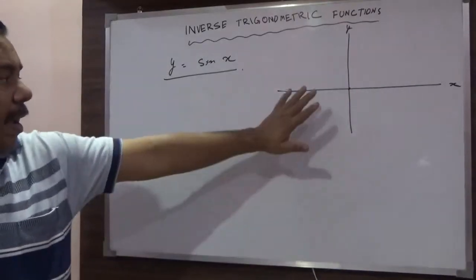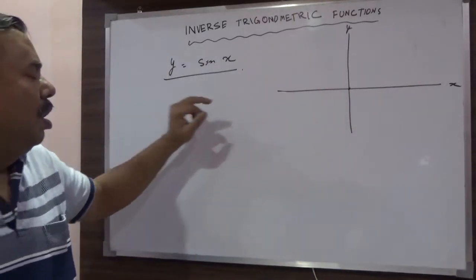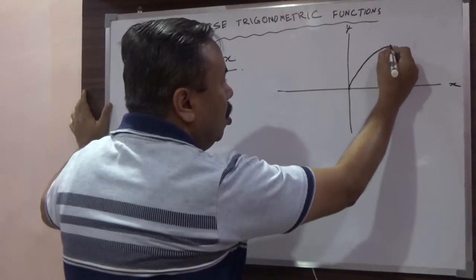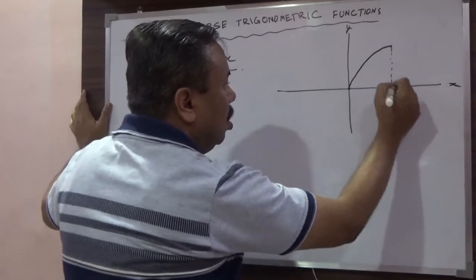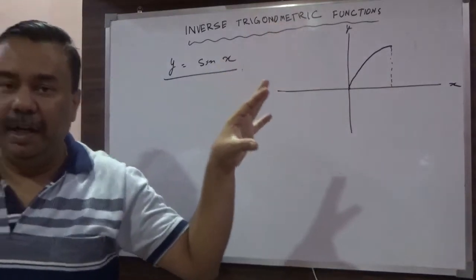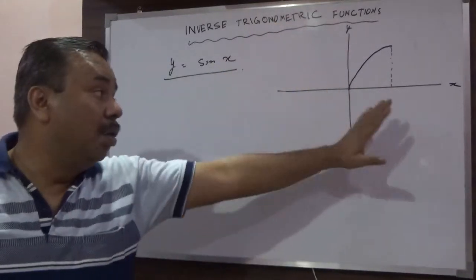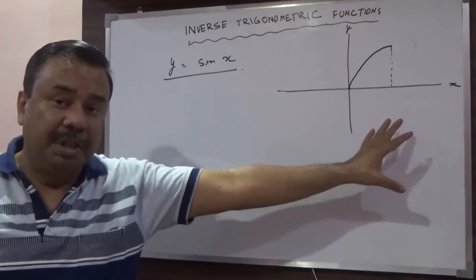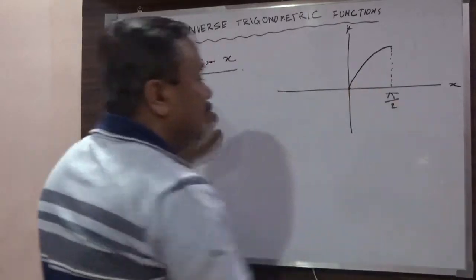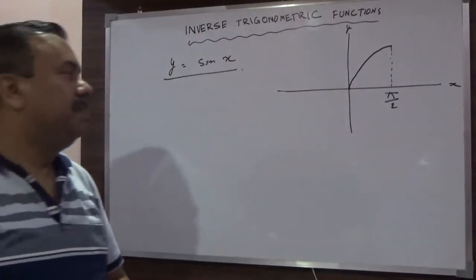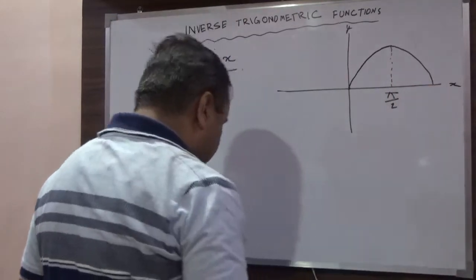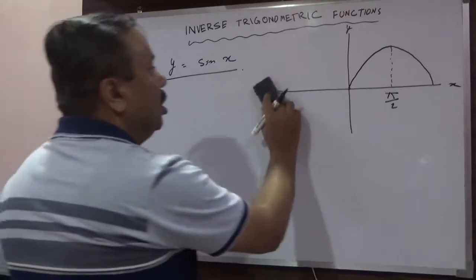So when x was 0, y was 0, and when x approached the value where y was maximum, instead of saying 90 degree, I would now use the radian notation and say this value is pi by 2.